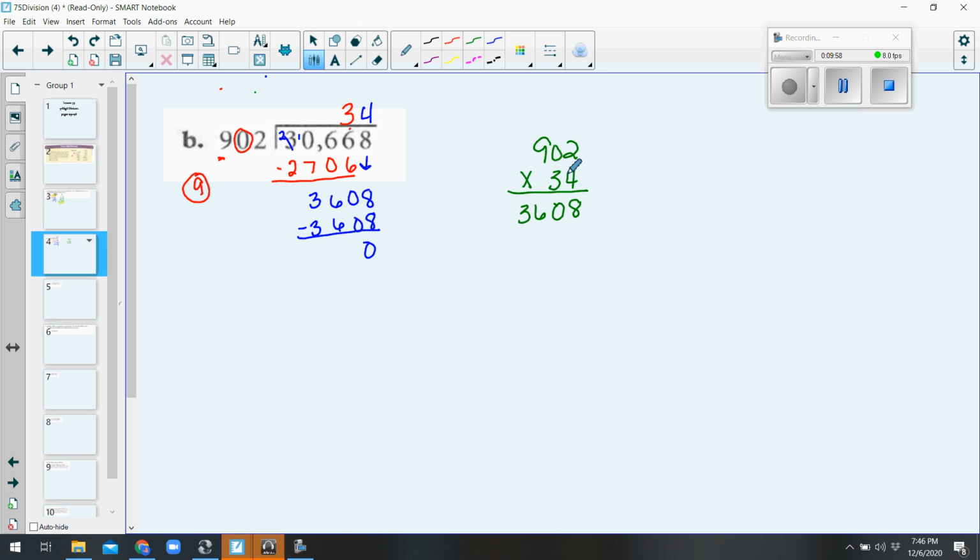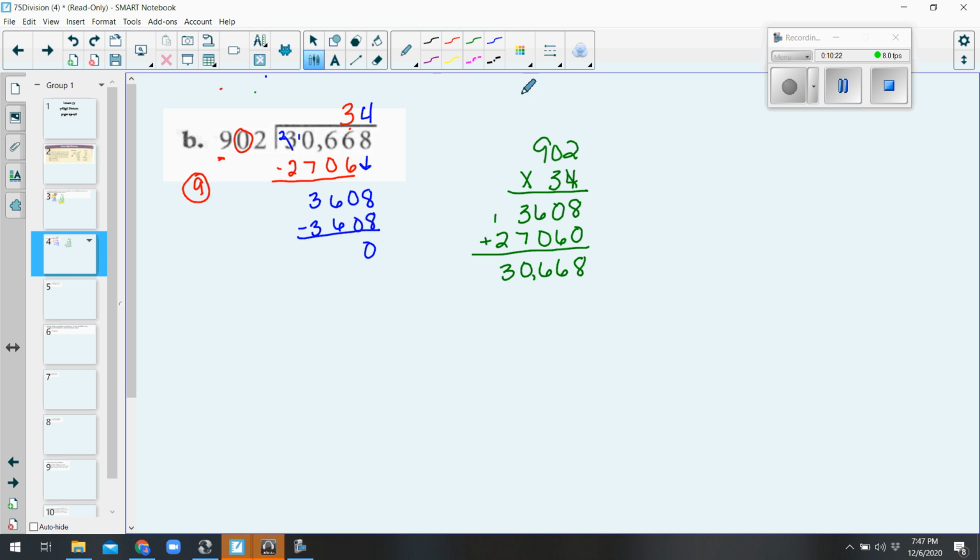Don't have any carryovers. I'm done with that 4 and drop my first 0. Go to your 3. 3 times 2 is 6. 3 times 0 is 0. And 3 times 9 is 27. I'm ready to add this up and I get 8, 6, 6, 10, and 1 and 2 is 3.